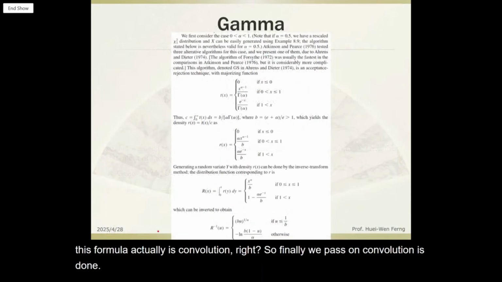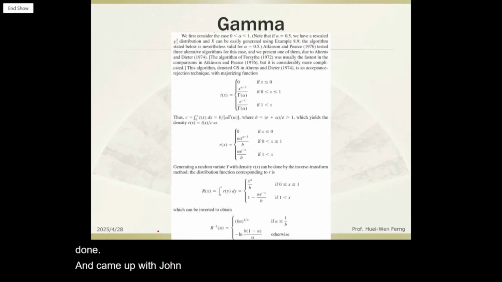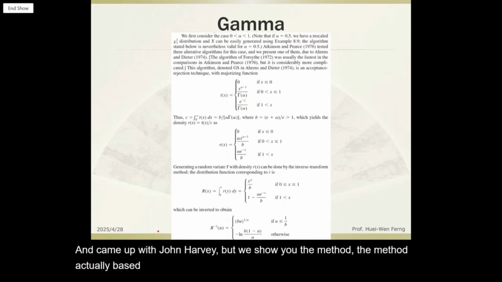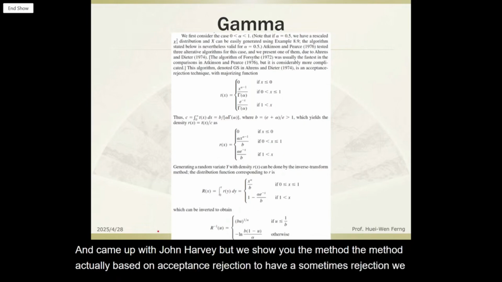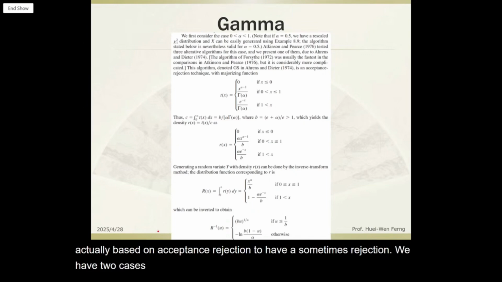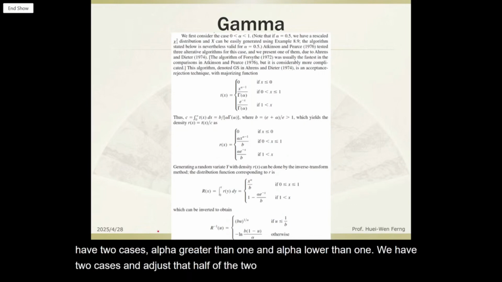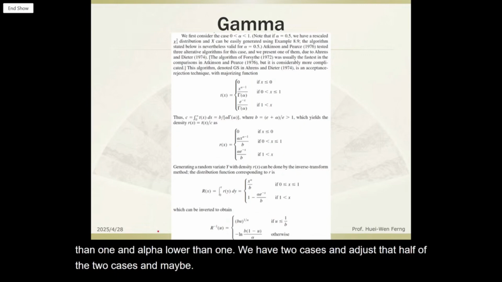And gamma, we don't have it, but we show you the method. The method is based on acceptance rejection. For acceptance rejection, we have two cases: alpha greater than 1 and alpha lower than 1. I just studied half of the two cases, and currently we have this.